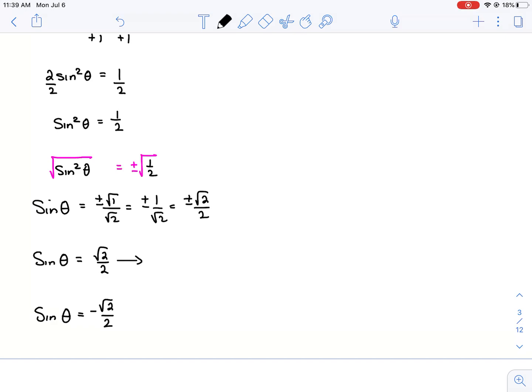Sine of theta is equal to the square root of 2 divided by 2 when theta is pi fourths and 3 pi fourths. Sine theta is equal to negative square root of 2 divided by 2 when theta is 5 pi fourths and 7 pi fourths. To write all of the solutions, we're going to add 2 pi to each of those angles.